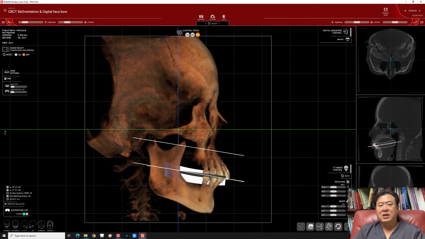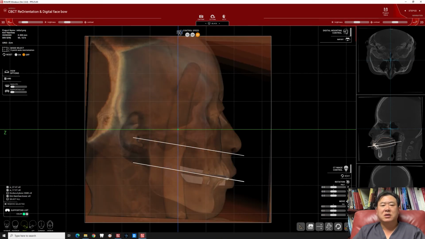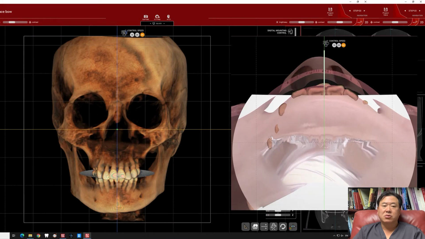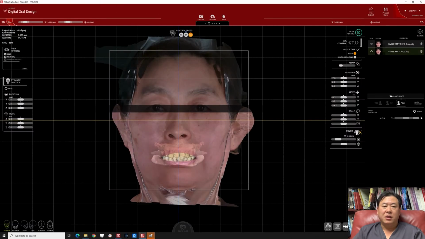Then I placed 20-inch Monson sphere occlusal plane in line with her existing occlusal plane, and it's roughly parallel to her Camper's plane. The occlusal plane was positioned to the intended labial surface of the central incisor, and it shows curve of Spee and curve of Wilson and the midline.